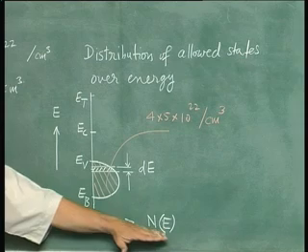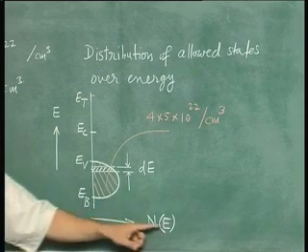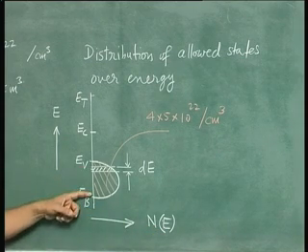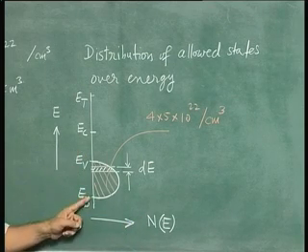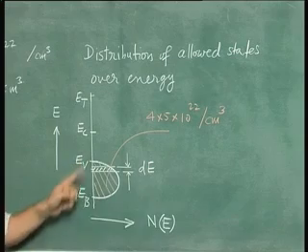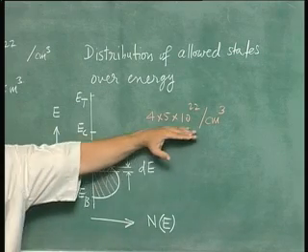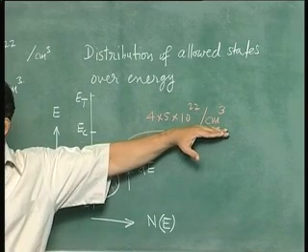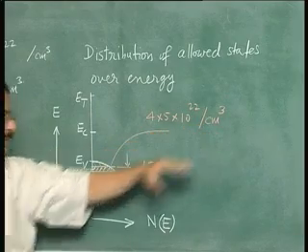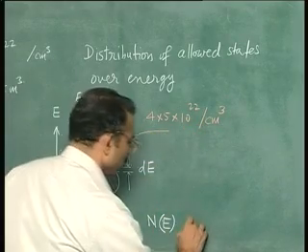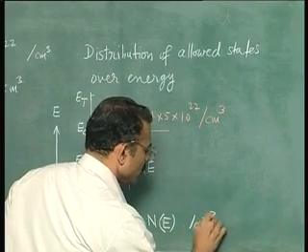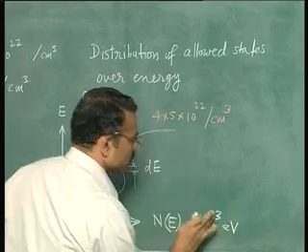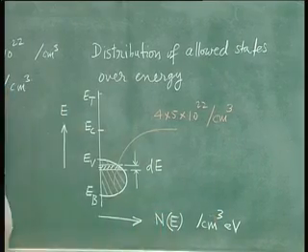So what is the unit of Ne? The integral of Ne dE, where this is Ne and this is E, so you are integrating along this. If the integral of Ne dE has the unit of per centimeter cube, then Ne has the unit of per centimeter cube per electron volt, per energy.